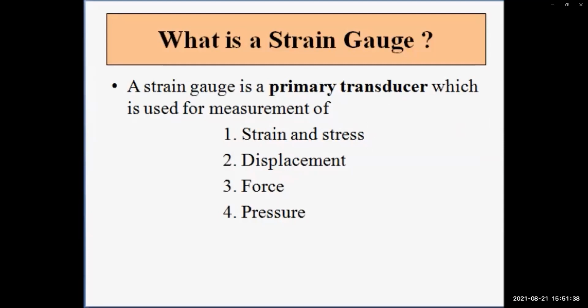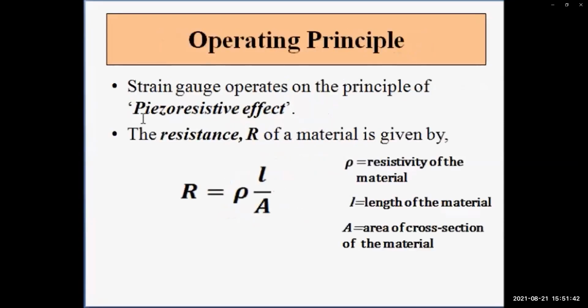So what's the operating principle of a strain gauge? A strain gauge operates on the principle of the piezoresistive effect. As I said, it's based on change in resistance. Now, what is the piezoresistive effect?